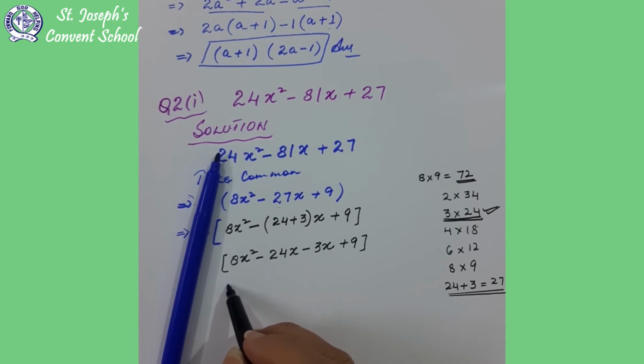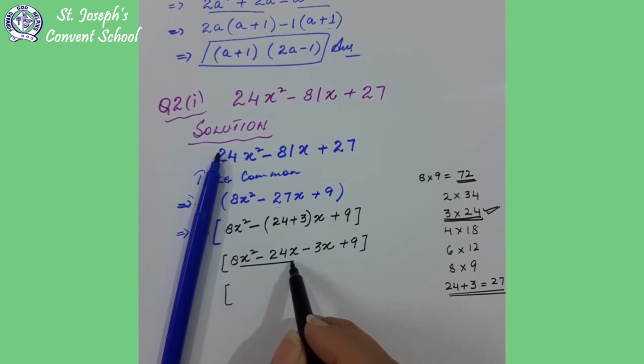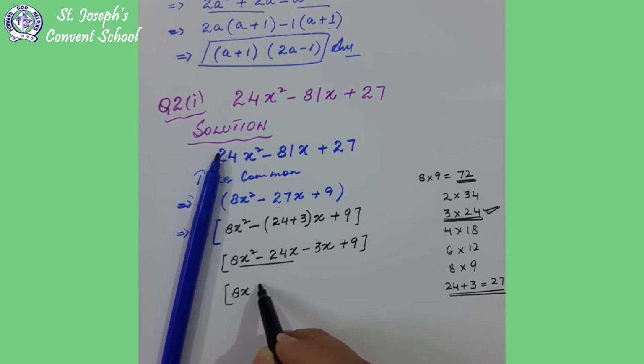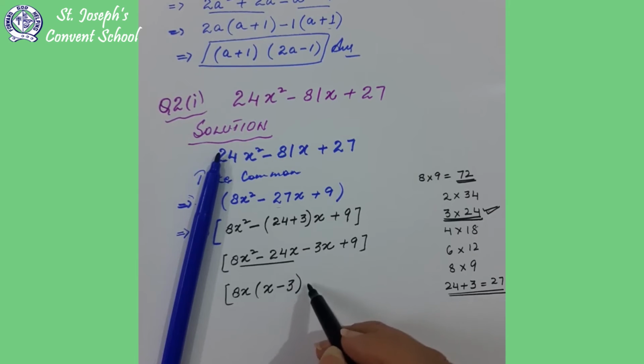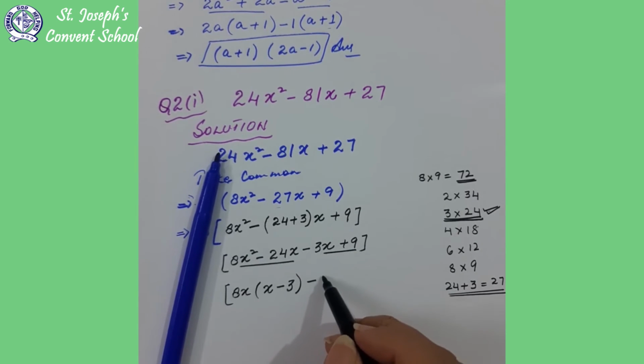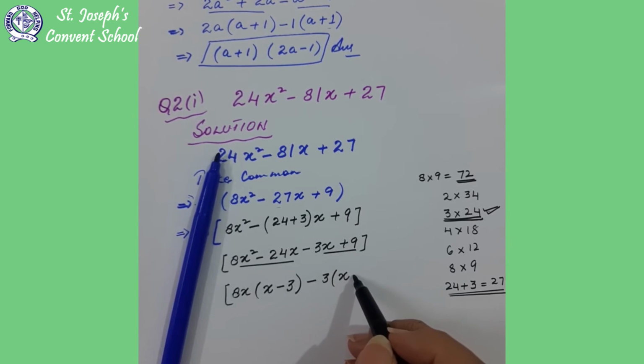Now take common from the first two terms. 8 is common, x is common, so 8x on one side and x minus 3 in the bracket, since 8 into 3 is 24. From the last two, 3 is common; the minus sign is outside, so the sign changes to minus, x minus 3, since 3 into 3 is 9.